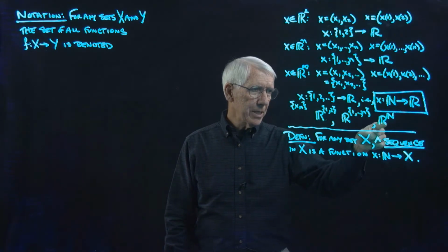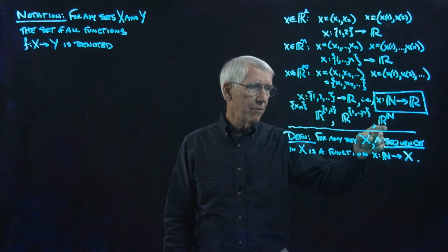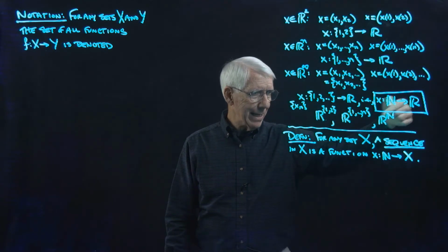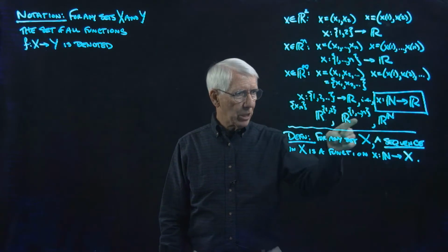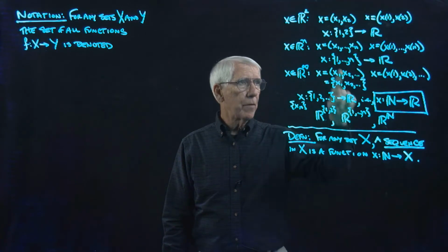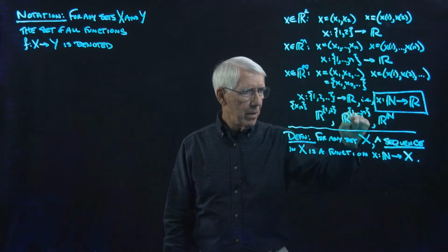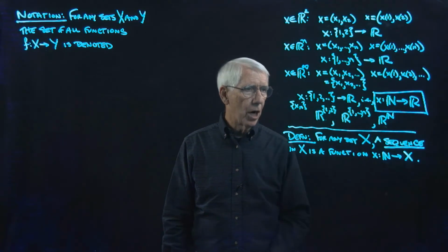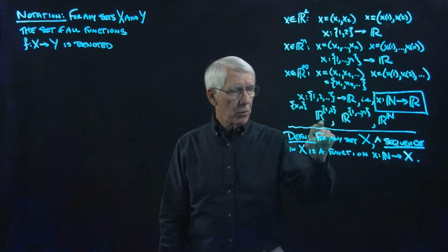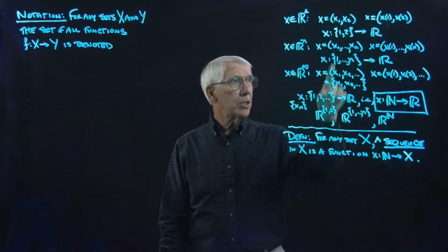This is the set of all functions, set of all sequences. It's the set of all functions from N into R. And I said we could have written the same thing here for the set of all functions from this set here into R.